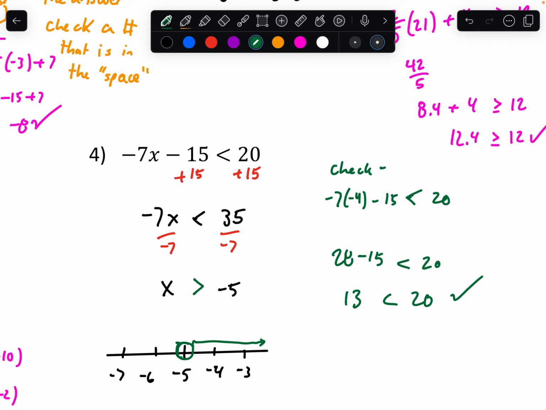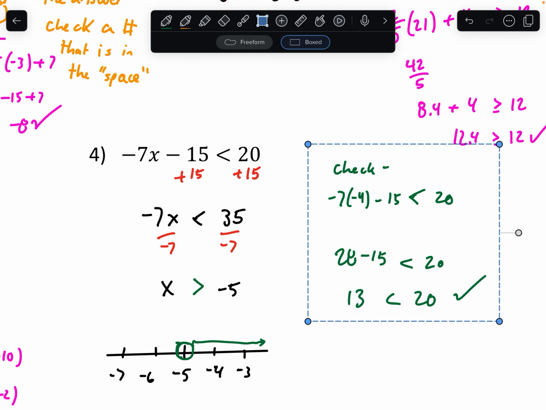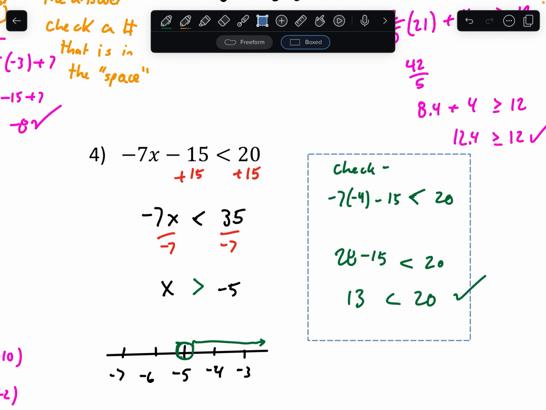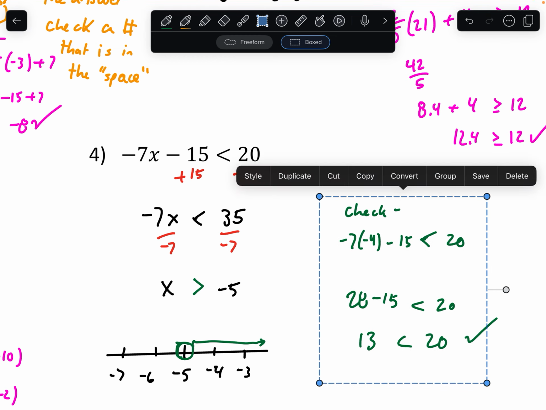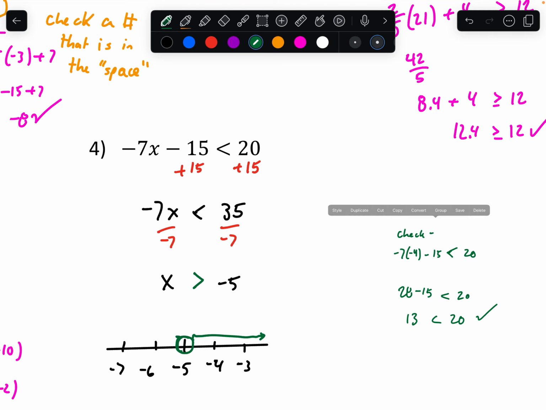I'm just trying to fix this stuff. So what we have to watch out for with solving inequalities is that when you make that step of dividing by a negative, or really multiplying by a negative or dividing by a negative, but usually it's division.